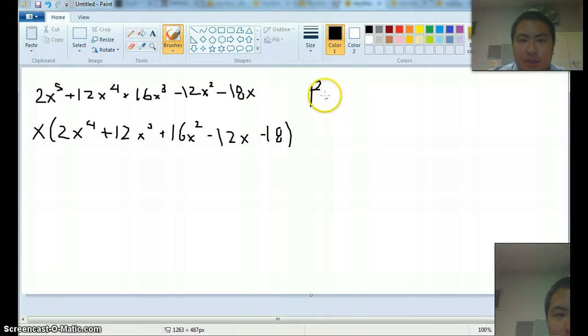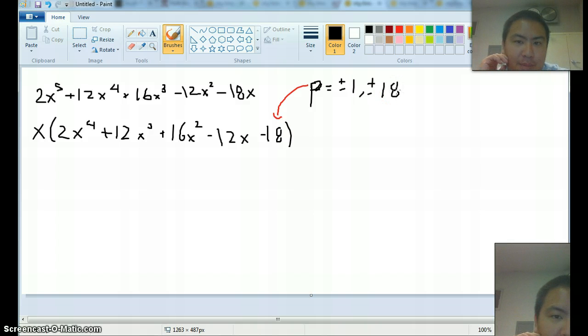Sorry, I have to move from location to location. So we have p, which is any of the factors of the constant term. So p is for the constant term, and that could be plus or minus 1 and plus or minus 18. It's always going to be plus or minus because you have your choices of multiplying 1 times negative 18 or negative 1 times positive 18.